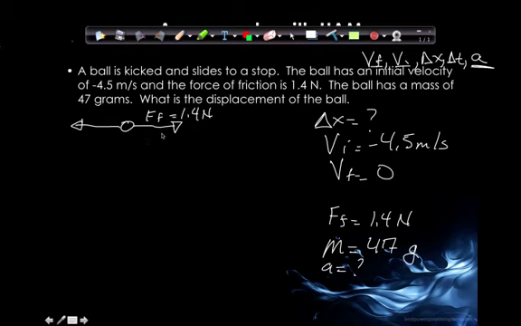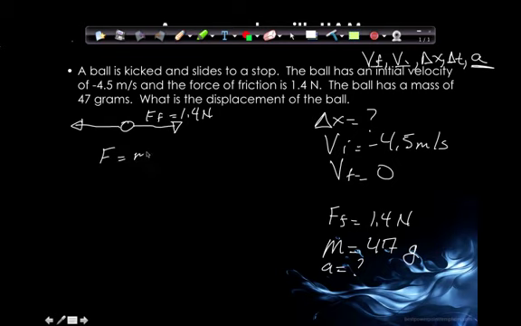And we know that the ball is sliding to a stop, which means that force of friction is really the only force I'm concerned with, because I'm not pushing the ball, I kicked it. I kicked it, and then my force was applied, and then it's moving based on that force. However, I'm not continuing to apply a force. It's already done. So the only force I'm concerned with is the force of friction.